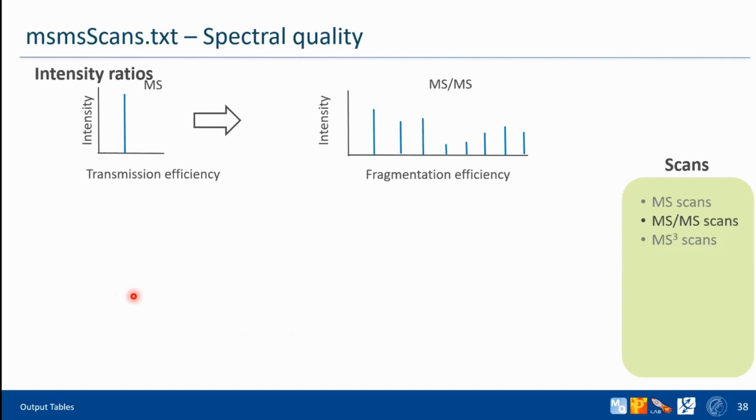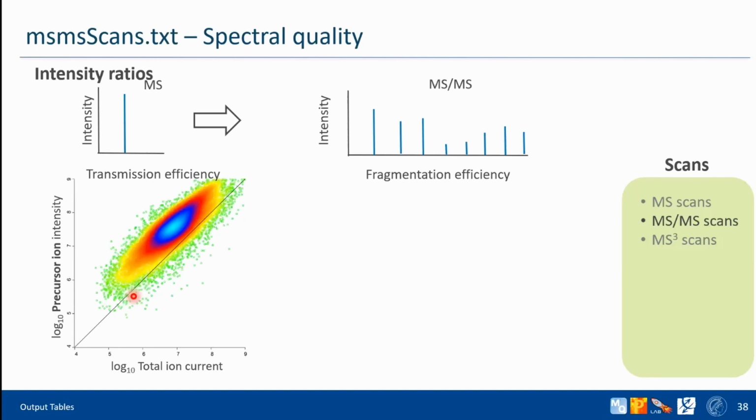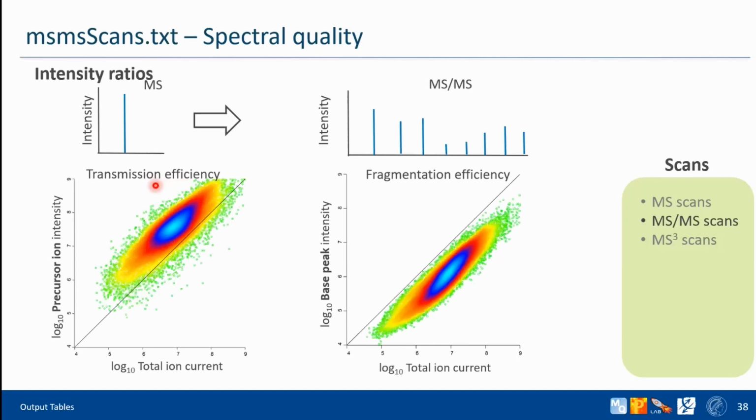Another thing that we can check: we know that we have a signal from MS1 and a signal from MS2, right? And MS2 is coming from MS1, so the sum of the peaks from MS2 should be the same, or at least similar to the original intensity of MS1. But here we don't have it, so something happened here. For example, we can see here we had a higher intensity. This is the precursor ion.